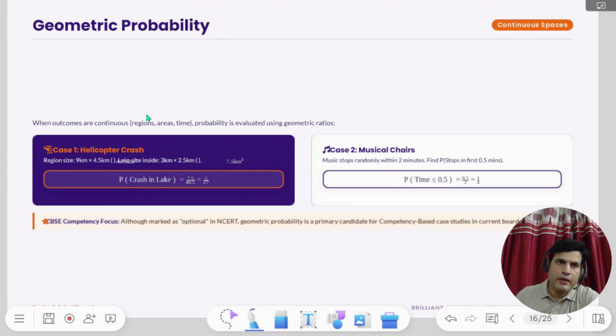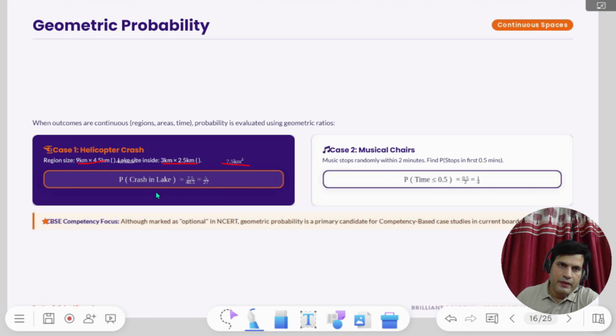Geometric probability: when an outcome is a continuous region like area or time, probability is evaluated using geometric ratios. Like a region 9 into 4.5 kilometer, or the left side indicates 3 into 2.5 kilometer. So that is 7.25 kilometer square, that will be the area.